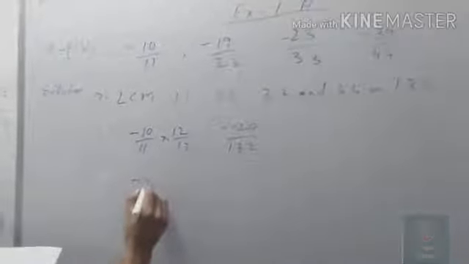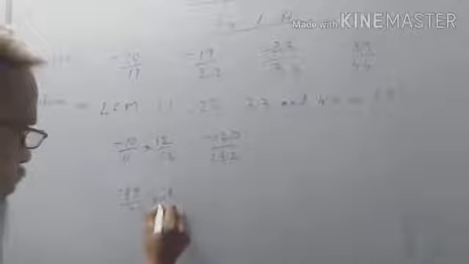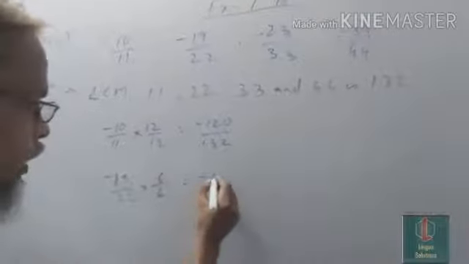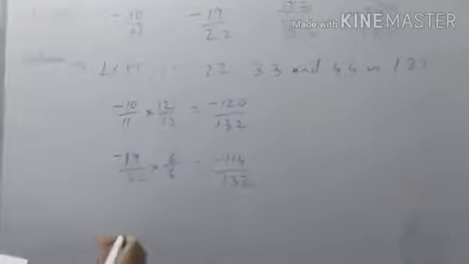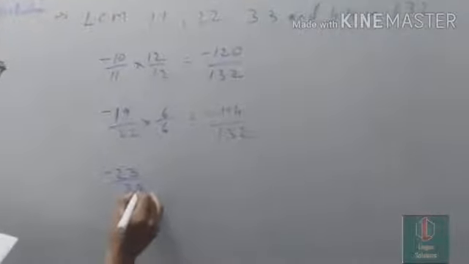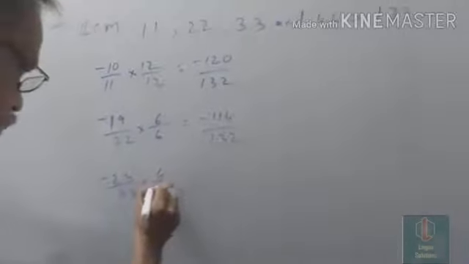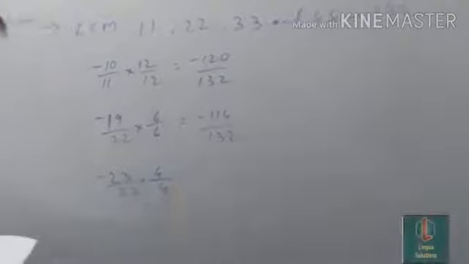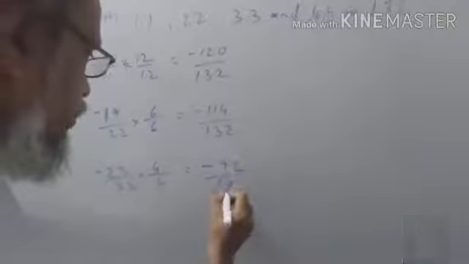Minus 19 by 22 into 6 by 6 we get minus 114 by 132. Minus 23 by 33 into 4 by 4, we get minus 92 by 132.